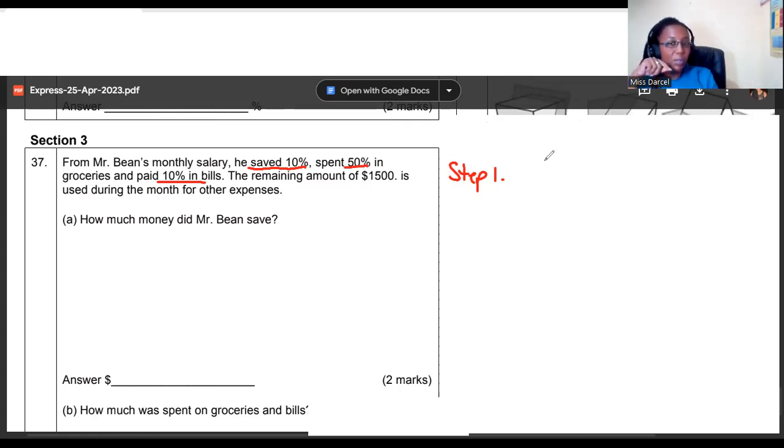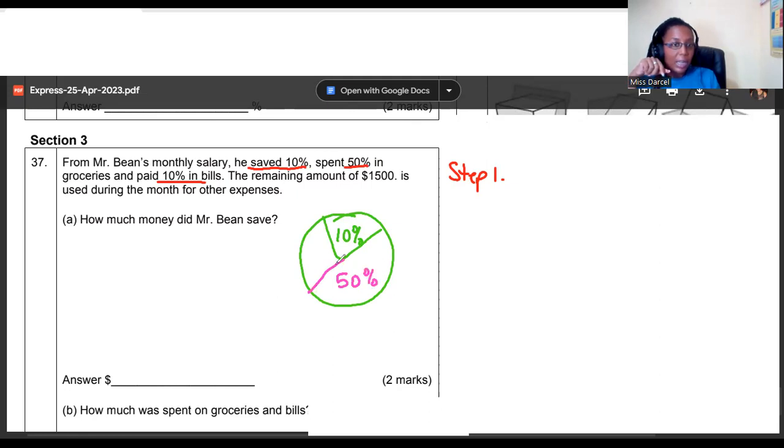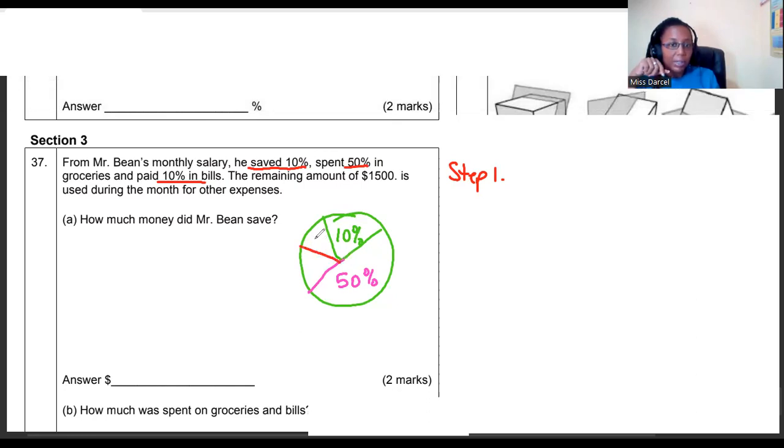So we know that it's out of 100%. His total is his budget here. He spent 10% here, this is a chunk. He spent 50% here. He broke this one down: 10% in bills, so we call this bills.